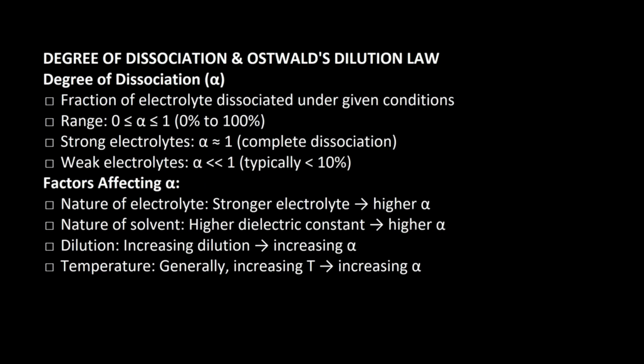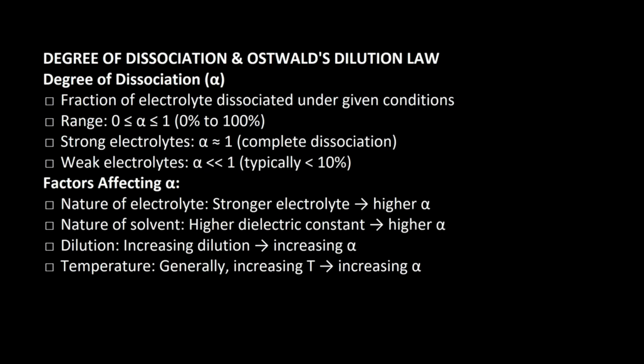Then degree of dissociation and Ostwald's dilution law. Degree of dissociation alpha, which can be related with many chapters of physical chemistry. Okay, so for strong electrolyte, that is almost equal to 1. And for weak electrolytes, it's less than 1, typically less than 10%.